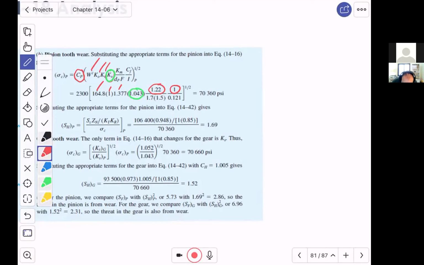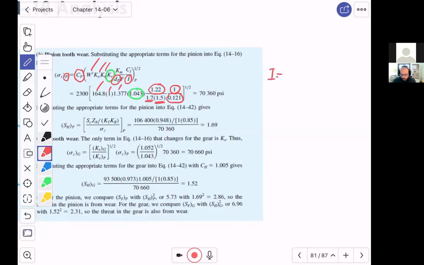Now, what is DP? It is the diameter of the pinion. We are calculating sigma C for the pinion, but the equation says it is always the diameter of the pinion, so it is always the same. Then F, so this is CDP. This is the face width, and this is I. I is also the same. Why?